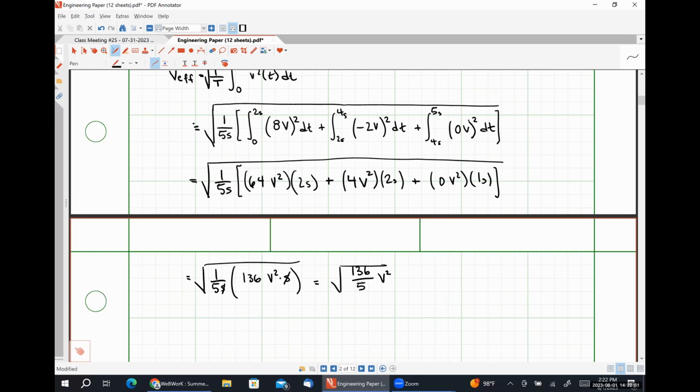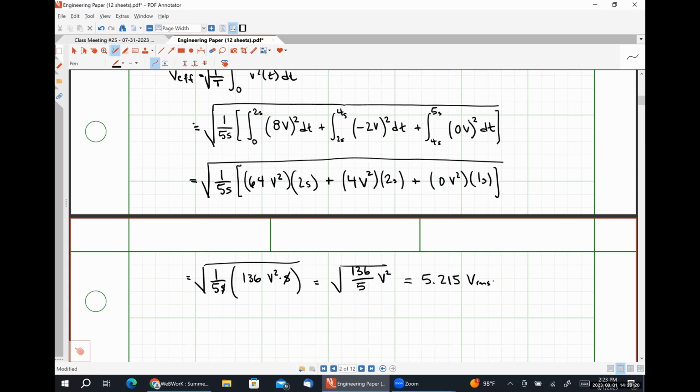And that is going to be 5.215 volts RMS. So we use the units volts RMS to indicate that we have come up with an effective value, so that we can differentiate this from a true DC signal.